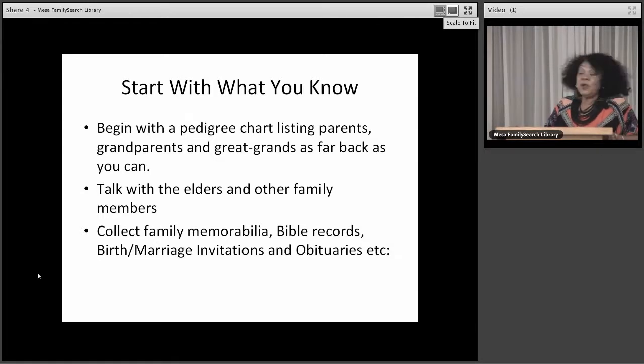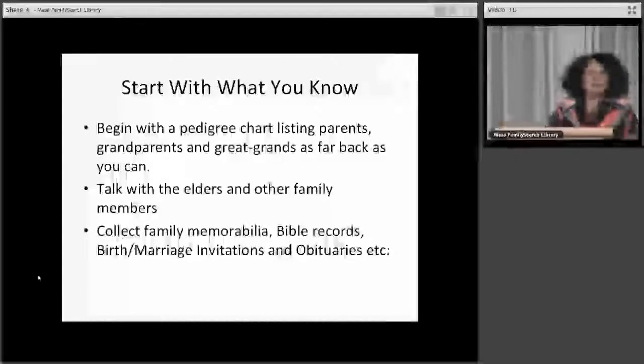You want to talk with your elders, talk to the older relatives, interview them, and make notes. You're going to find that a lot of times the things that they tell you might not be pertinent at that particular time, but maybe years later you'll come back and say, oh, Aunt Grace said so-and-so, and you'll verify it and it'll be correct.